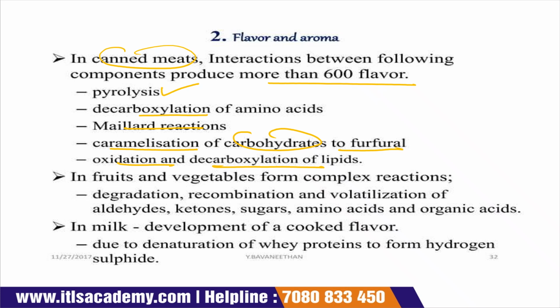And in fruit, a complex reaction occurs, which is degradation, recombination, and volatilization of aldehydes, ketones, sugars, amino acids, and organic acids. In milk, a cooked flavor develops, which occurs due to the denaturation of whey protein, which forms hydrogen sulfide.